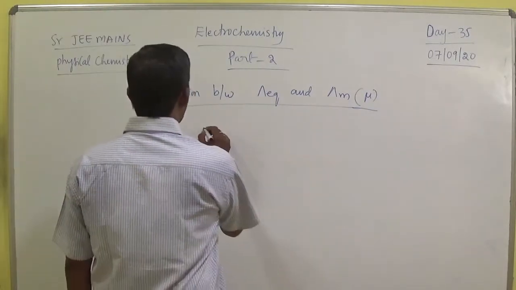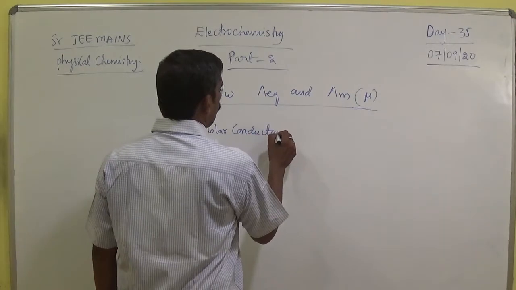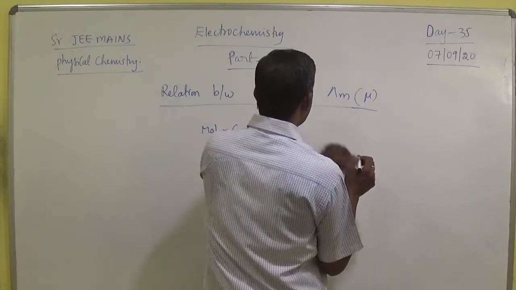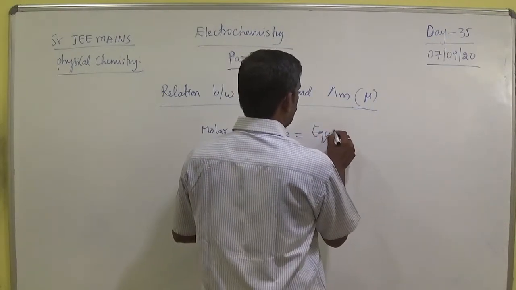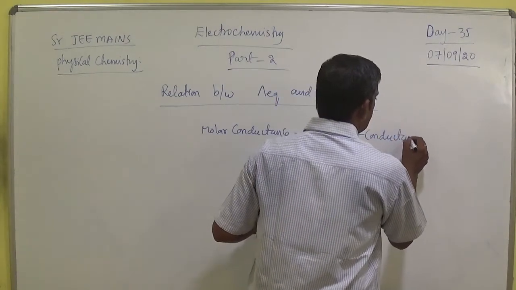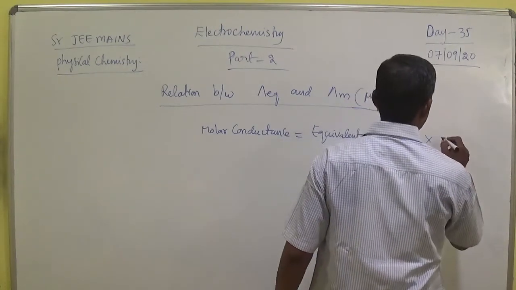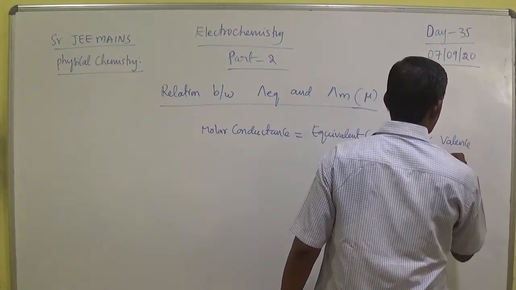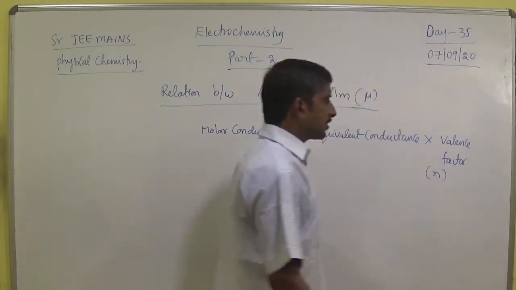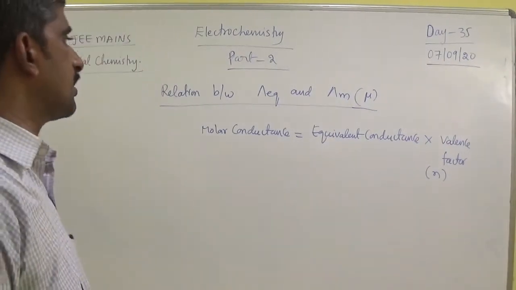Simply, molar conductance equals equivalent conductance into n factor, or valency factor, simply n. Here n means valency factor.